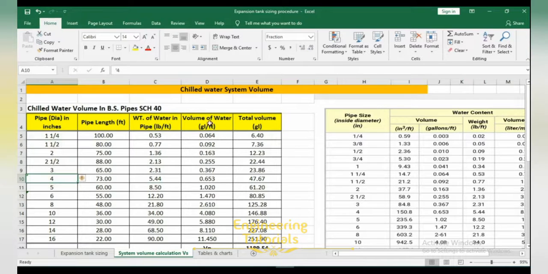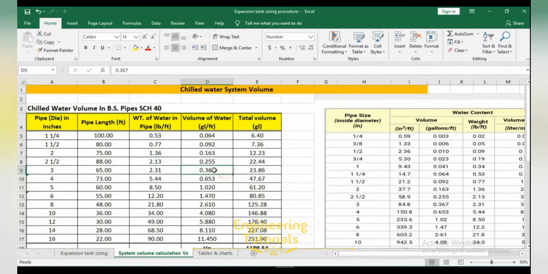The fourth column is related to water volume in gallons per feet. So let's say we have a 3-inch pipe size. How many gallons per feet are required for a 3-inch pipe diameter? Gallons per feet for a 3-inch pipe diameter is 0.367.